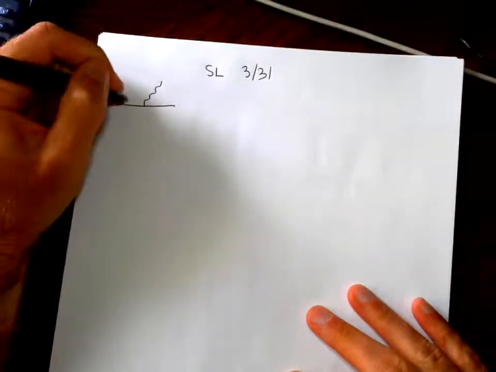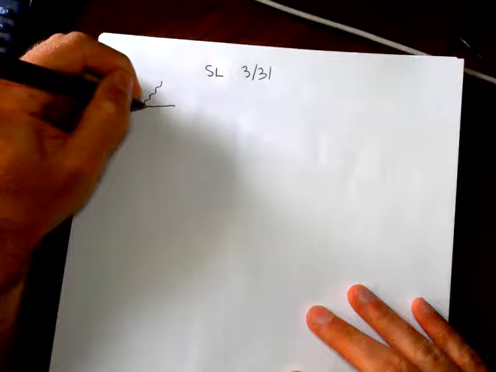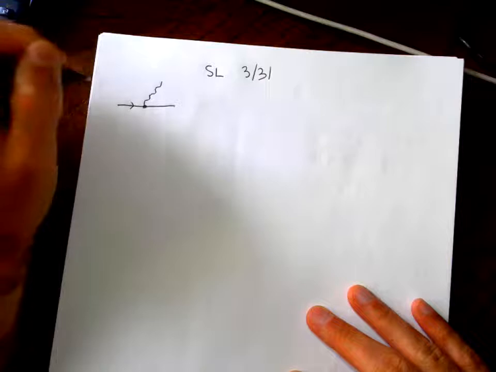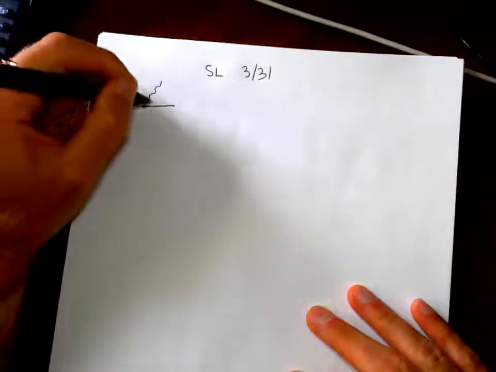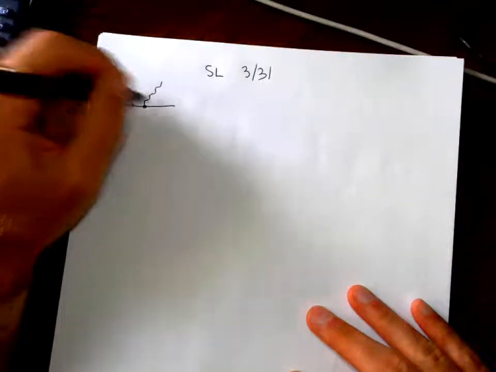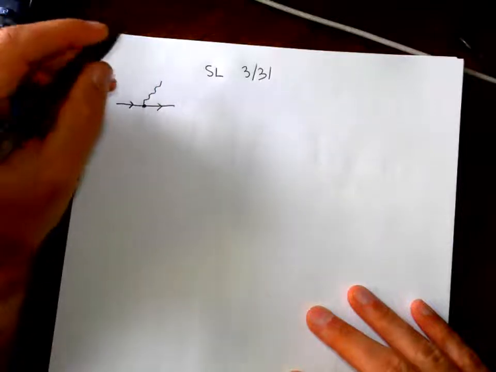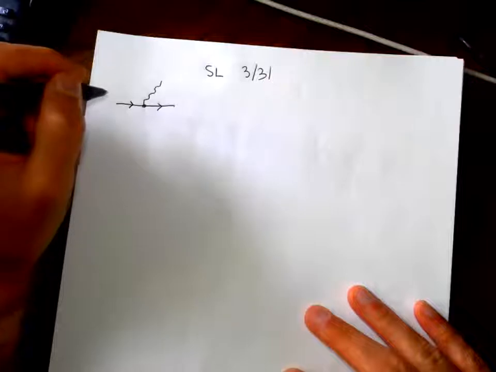Every vertex has a force carrier going in, an arrow going in, an arrow going out, and a force carrier.